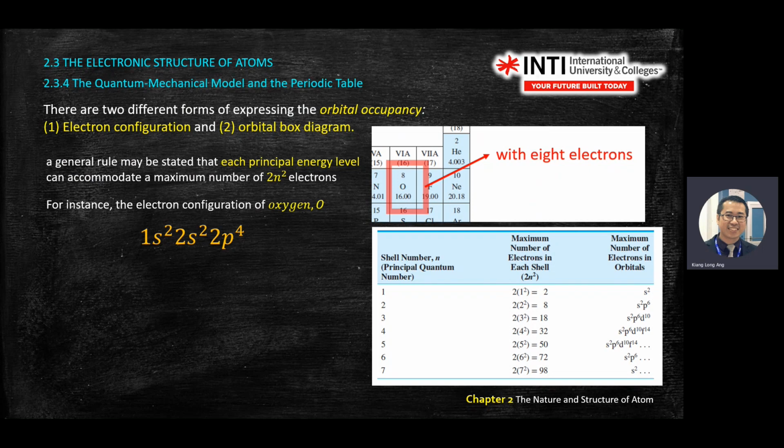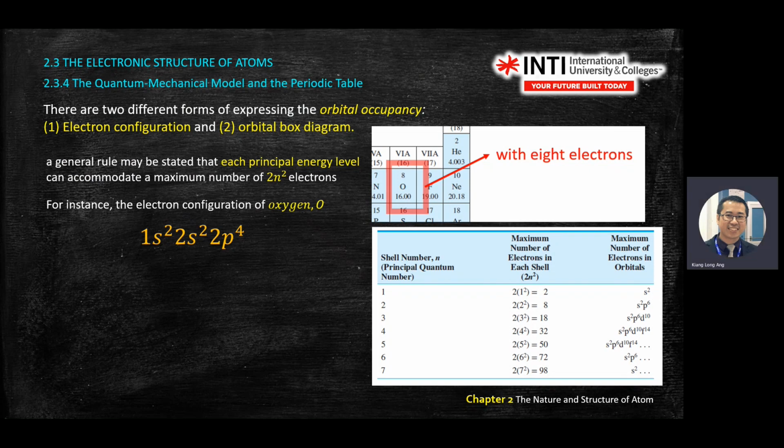Because you use this equation, the number of orbitals for n equals 1 is 1. So when you come to 2, you will have 4 orbitals here. But the number of subshells, you need to calculate. You start with s and then p.